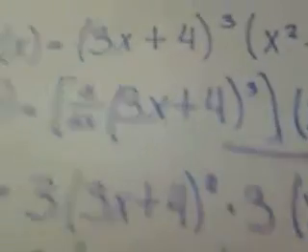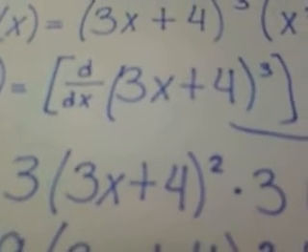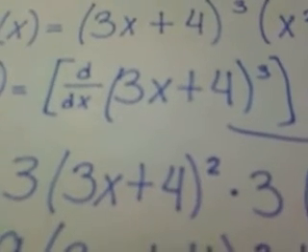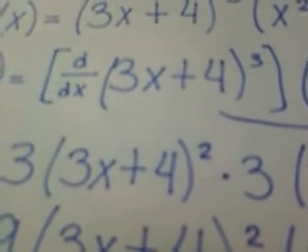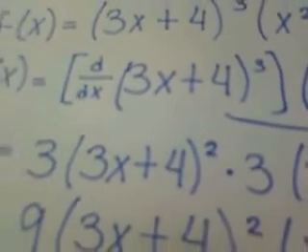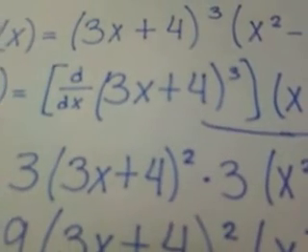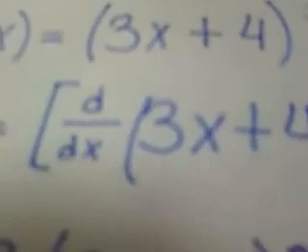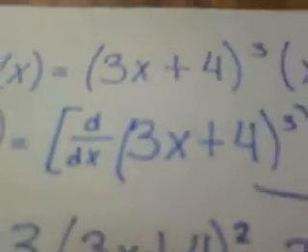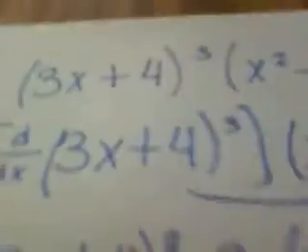Now, zooming in, this over here comes out being this. We take the exponent, we move it up front, 3(3x plus 4) squared, because 3 minus 1 equals 2 for the exponent. And then we multiply the first number before the x, which is not invisible anymore. It's not 1, it's 3, see?